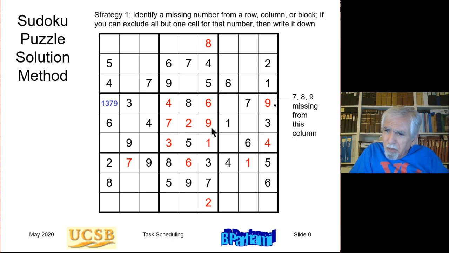So basically, you look for columns or rows that are more or less filled up. There are only a few blank entries. And then decide what is missing from that column, and then see if you can make progress. If you can't make progress, you just write both remaining options, 7 or 8 here, 7 or 8 here, and leave it to be resolved later on.